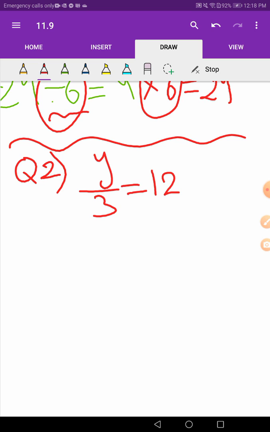Remember, in algebra, we write the division in a fraction form and we write the multiplication without a sign. So when we have y over 3, it means y divided by 3. I want to undo this by multiplying by 3, because we have y divided by 3. Divide by 3 and times 3 will cancel each other.